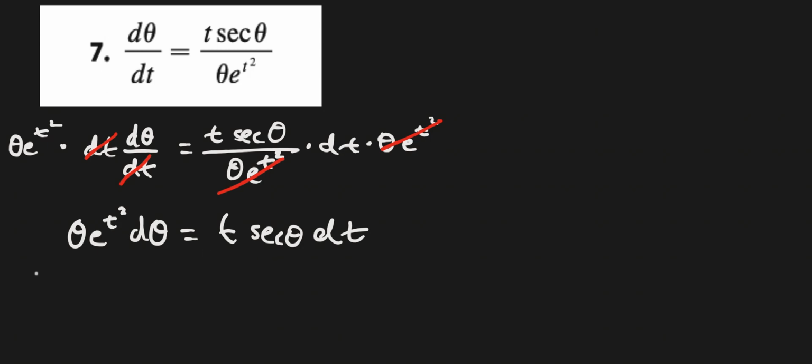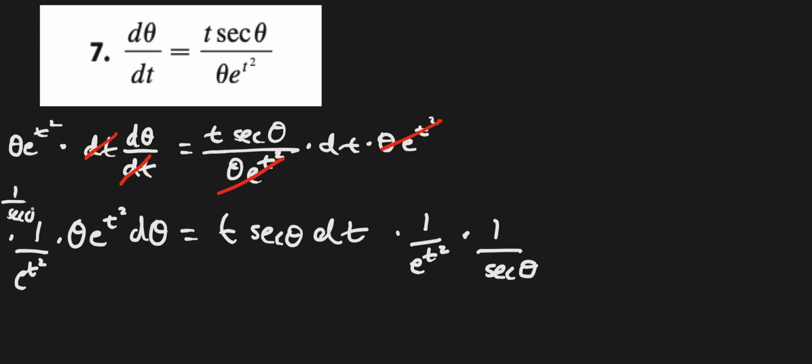So divide by secant theta on both sides and divide by e to the t squared, or we can just multiply. So this is just going to be 1 over e to the t squared, multiplying that on both sides, and then also multiply by 1 over secant theta.